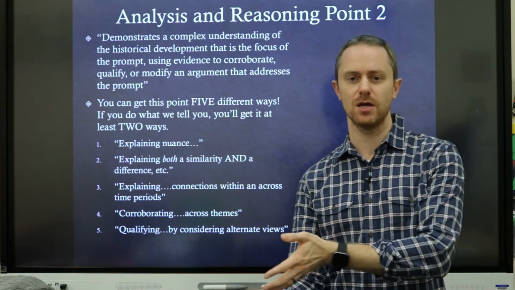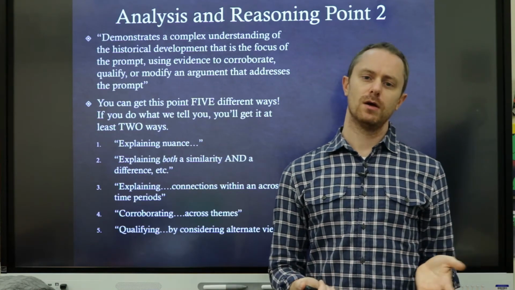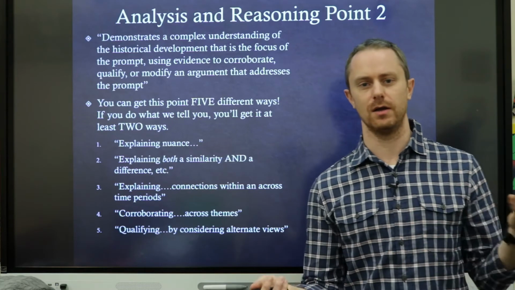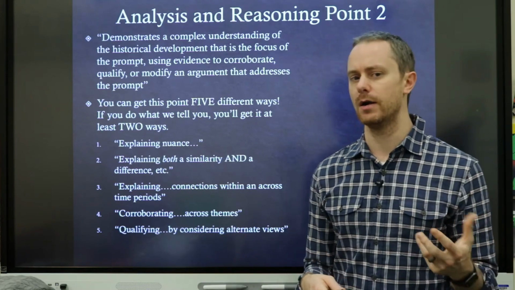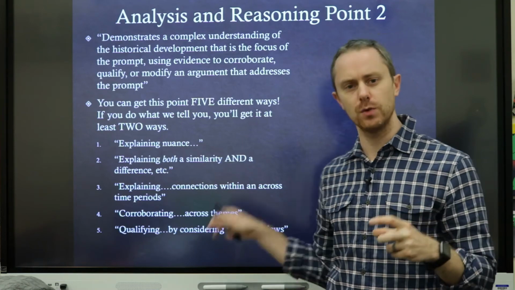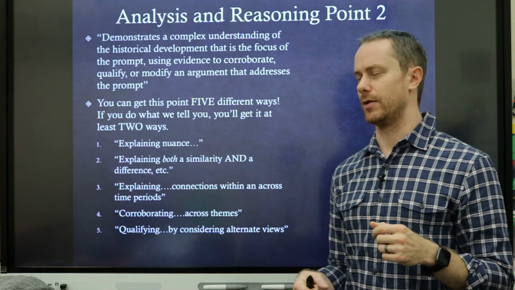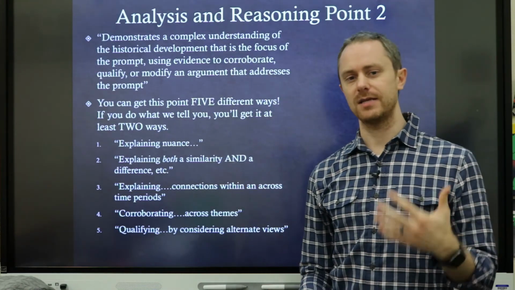What is their case for the other side of that argument? That's all you're doing. Most of you have taken an English language arts class, and you have to do that for an argumentative essay. And so this shouldn't be really, really hard, but a good solid paragraph doing that is a really easy way, or it should be an easy way, rather I should say, it's a doable way to get that complexity point. That's the fifth way.